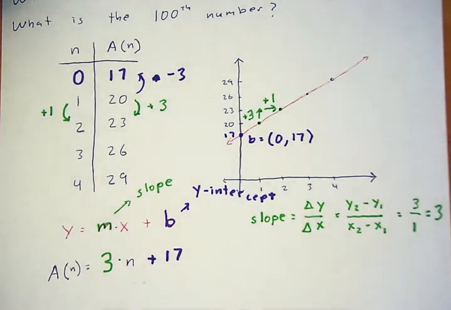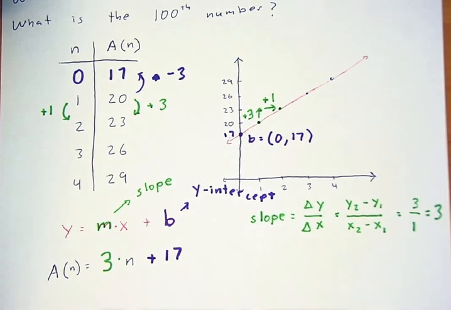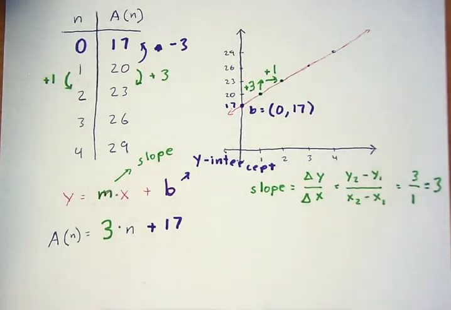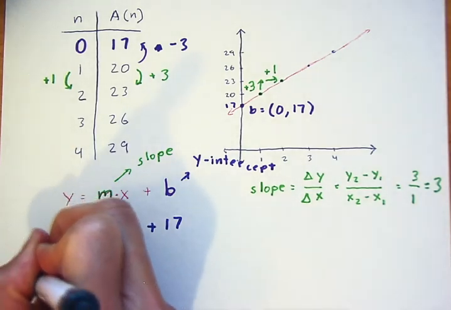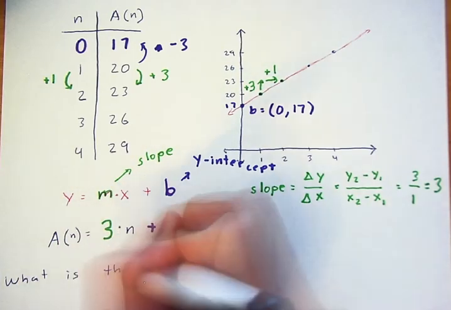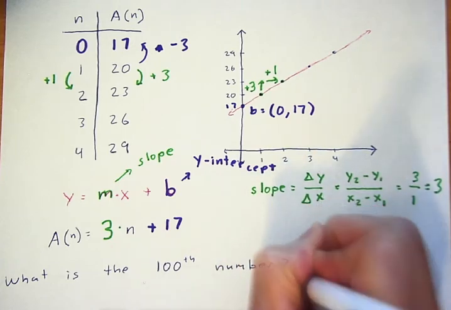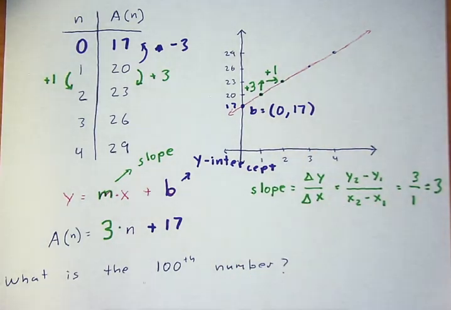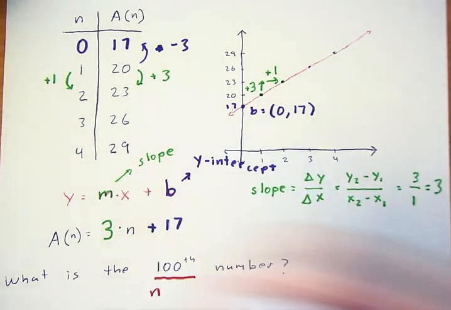So let's now answer our question up here. What is the 100th number? If you have this equation right here and you're trying to find the 100th number, this 100 right here is your n.